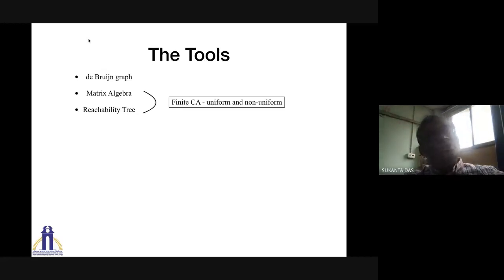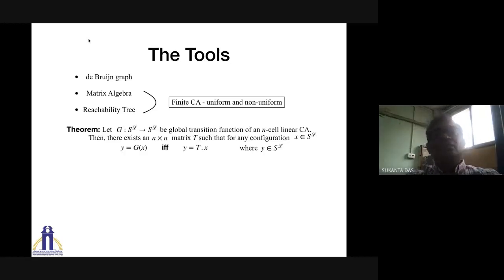So what do we need first? If I want to characterize a linear CA with matrix algebra, the first and foremost thing is we have to represent a CA by a matrix. The next theorem talks about this. The theorem says, let G be the global transition function of an n-cell linear CA.